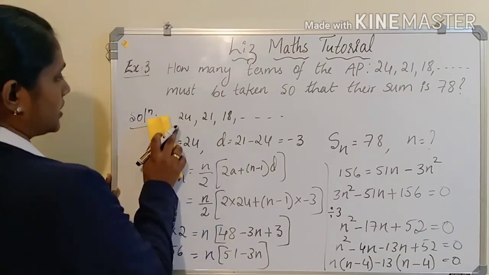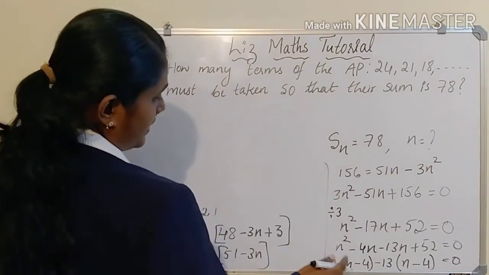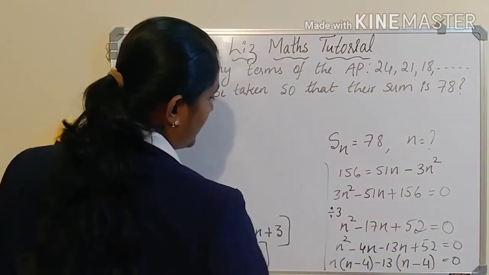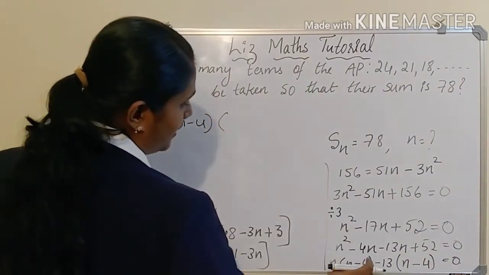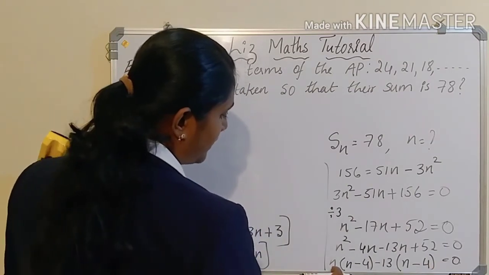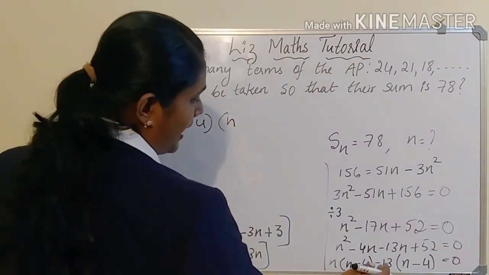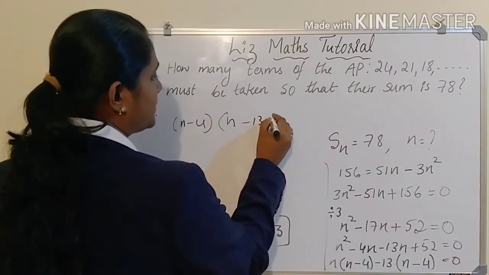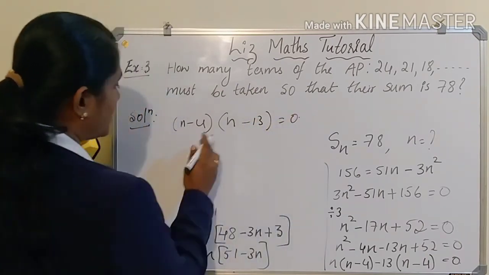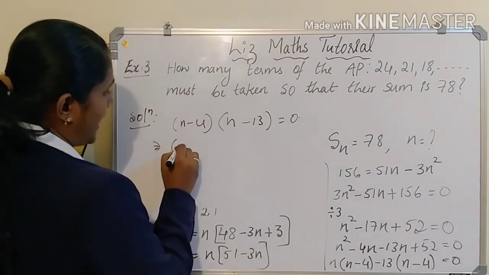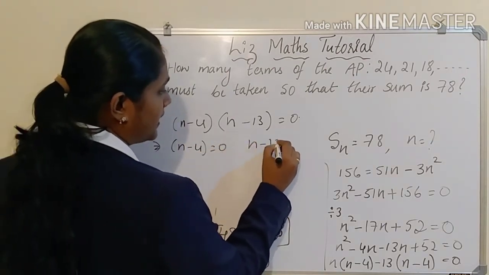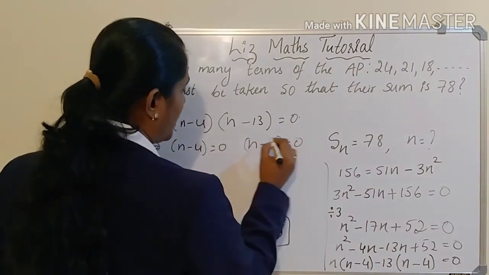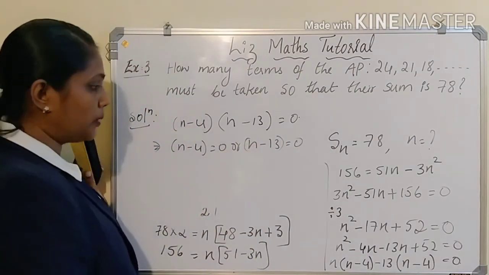Now take n minus 4, which is common in both. When you take n minus 4, what remains here is n minus 13 is equal to 0. So when you move to the next step, n minus 4 is equal to 0 or n minus 13 is equal to 0.